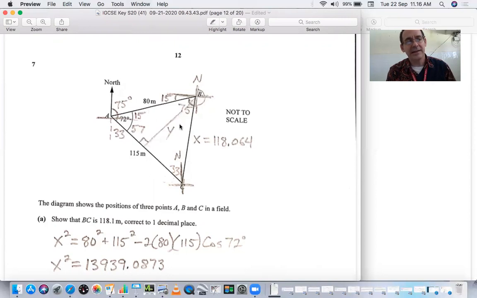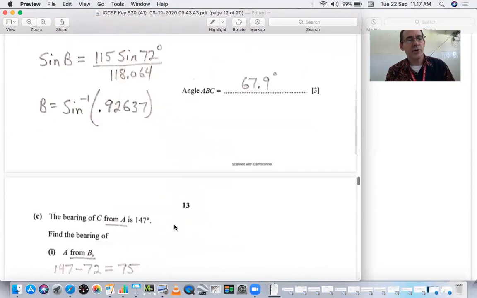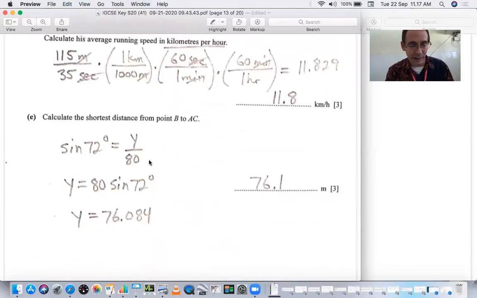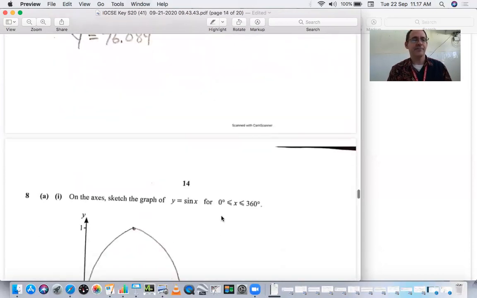So all we need is, and I listed it here as Y because we already used X over here. So I called this Y. We're looking for that distance. So our sine of 72 equals Y over 80. And then you just multiply by 80 sine 72, and your shortest distance is 76.1 to 3 significant figures.